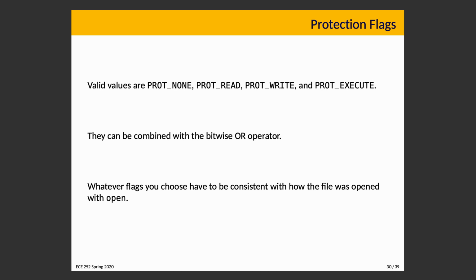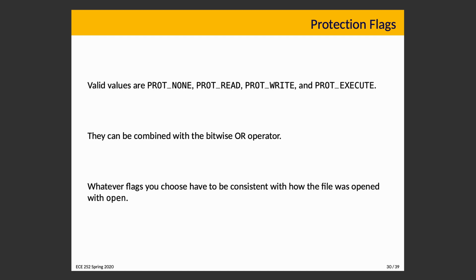If you said you wanted to open the file for reading and writing, then it would be okay to enable those things. The protection none operation, incidentally, forbids all access to that file. Any attempt to read or write that memory produces a segmentation fault.